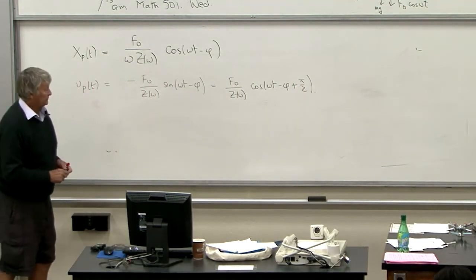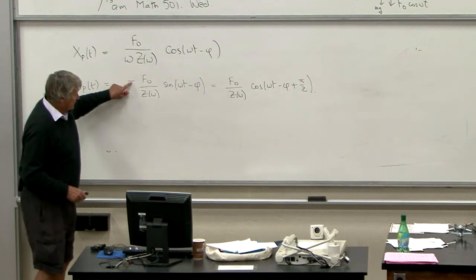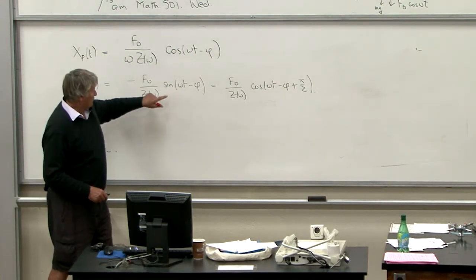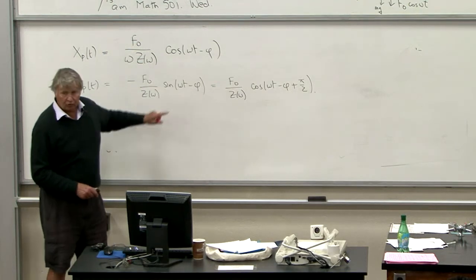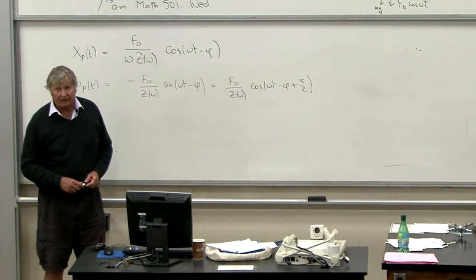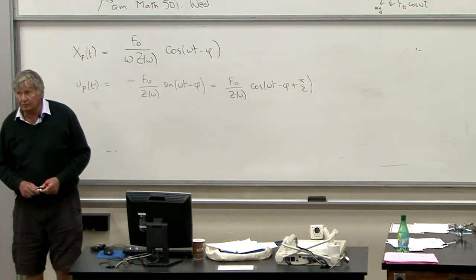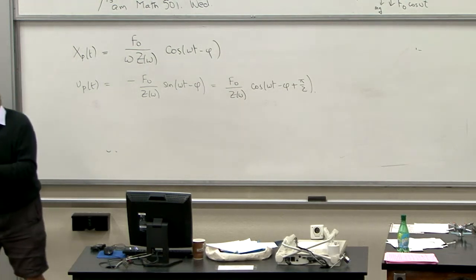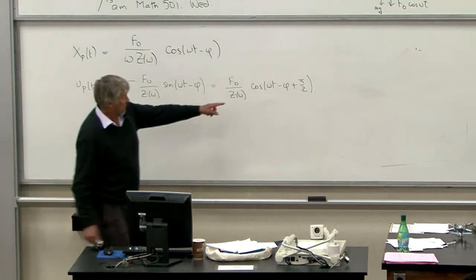Why? Because minus sine of this argument is equal to sine of phi minus omega t, and sine of phi minus omega t is cosine of pi over 2 minus phi minus omega t, which is this.